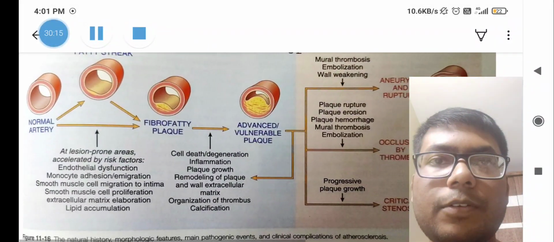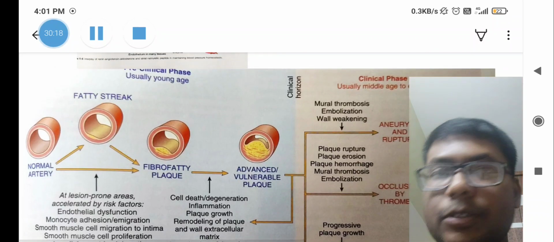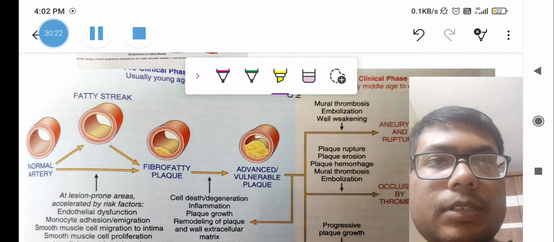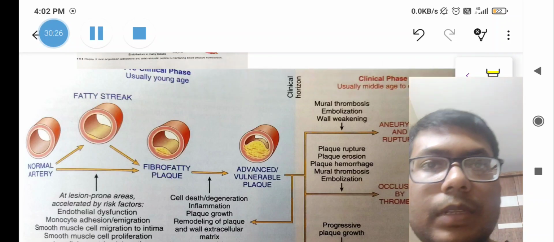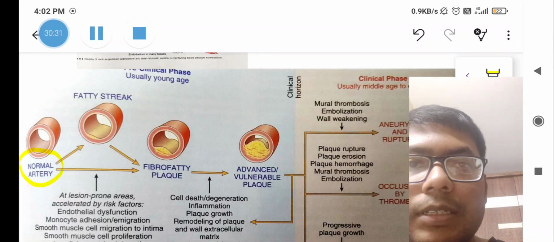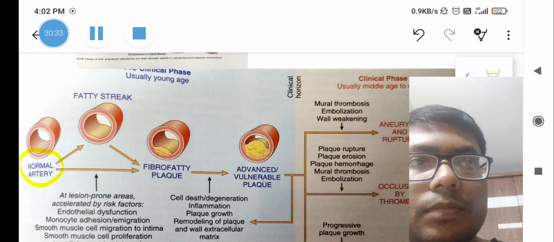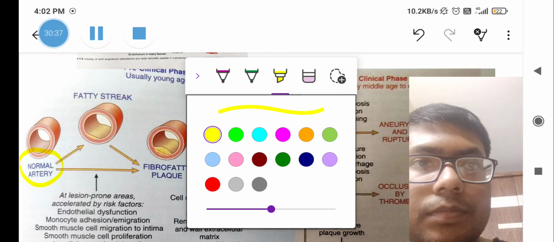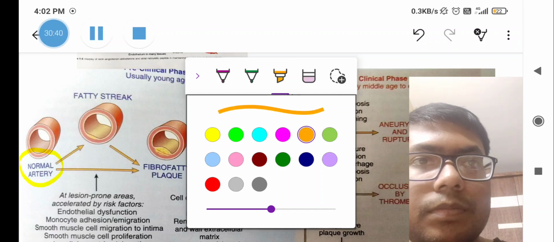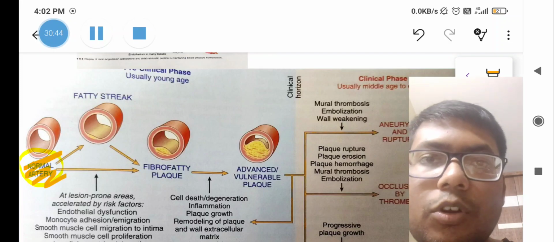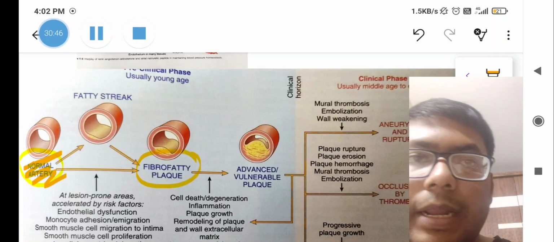Now the fate of the atherosclerosis. What are the fates of the atherosclerosis? This is called the normal artery, and this is the fibrofatty plaque.